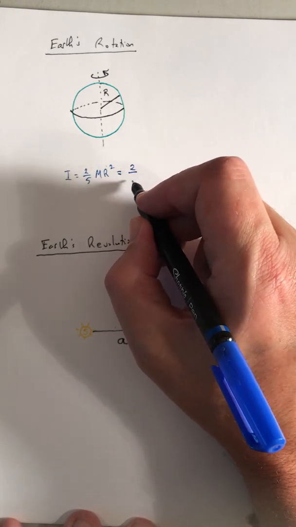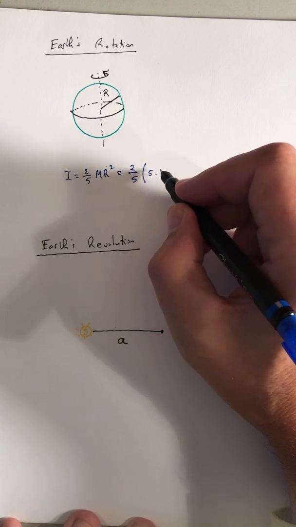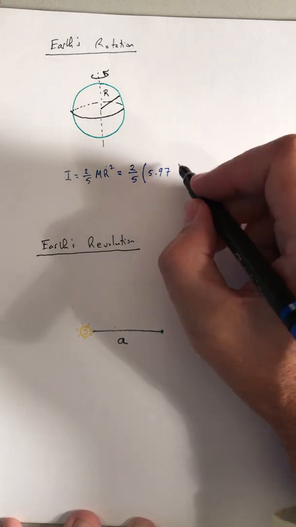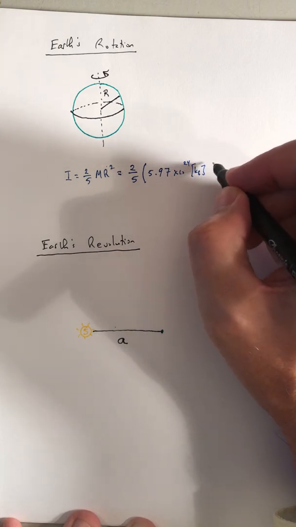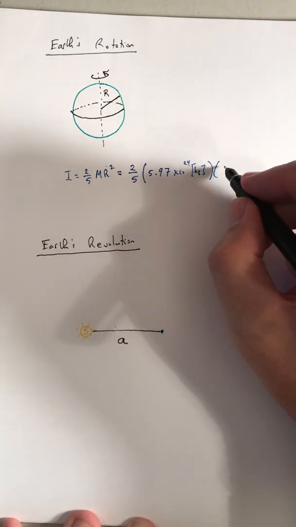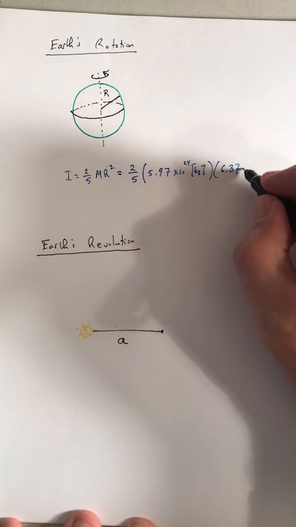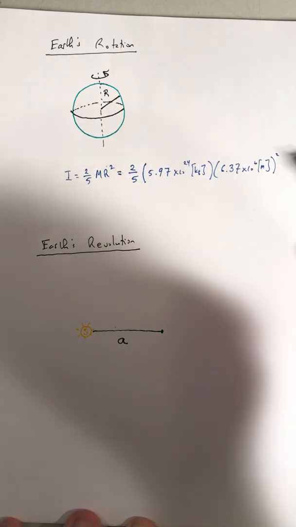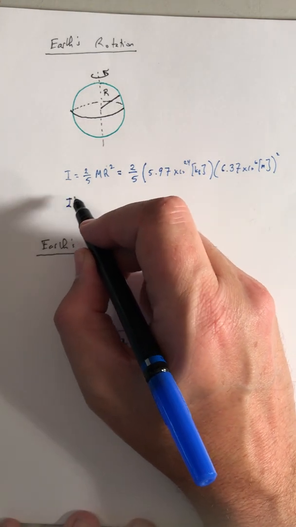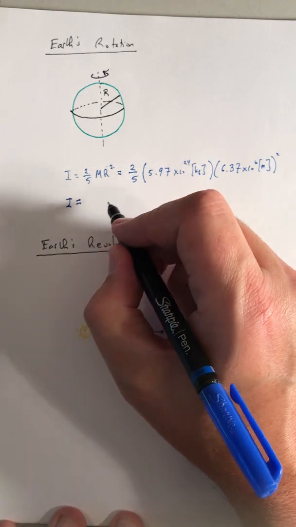And so we put in values for the Earth, mass of 5.97 times 10 to the 24th kilograms, and Earth's radius 6.37 times 10 to the 6th meters, will give us a rotational inertia for Earth's rotational movement.